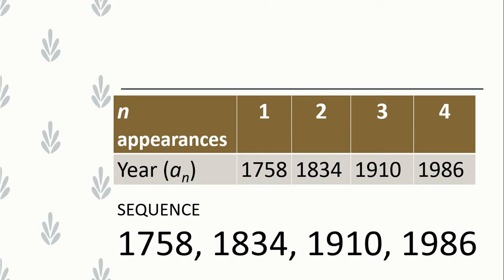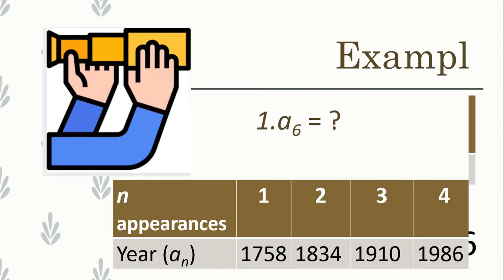Let's consider this table for example. This table represents the appearances of Halley's Comet as discussed in the previous video. Suppose we want to determine the successive years of appearances of this comet, for example, the sixth appearance.